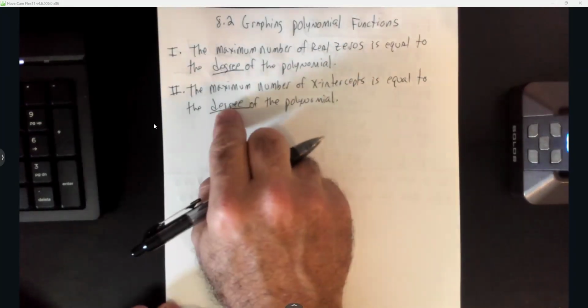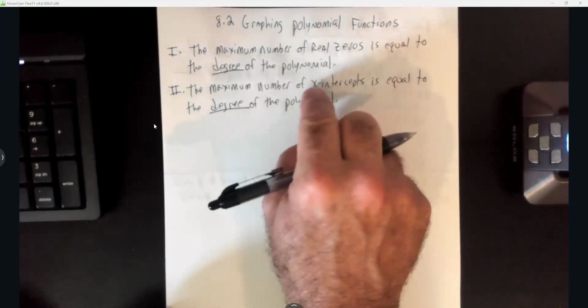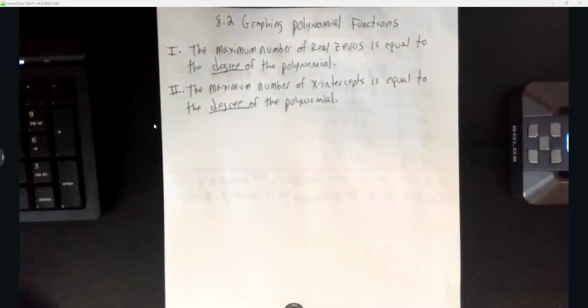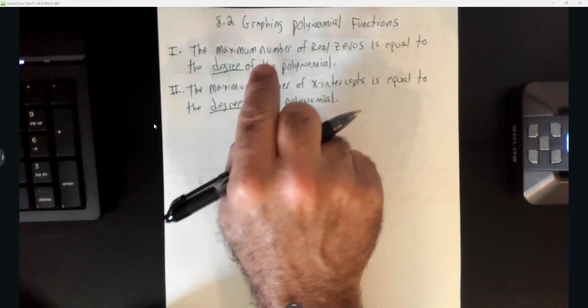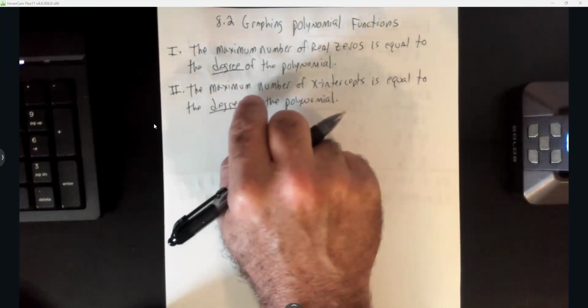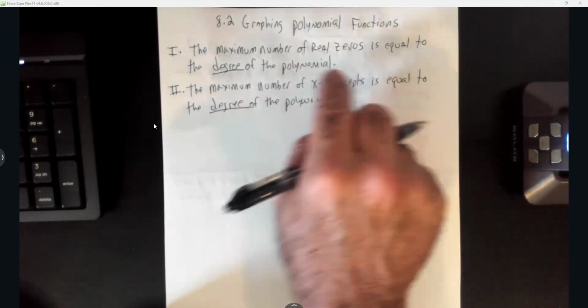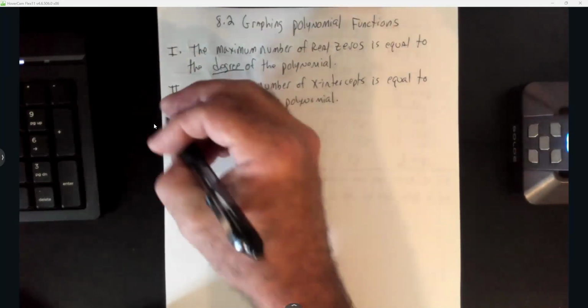So once again, it's equal to the degree. Because zeros and x-intercepts, remember, we done a graph where you had to find the x-intercepts and then the solutions or zeros, and they were the same basically. So these two will always be the same. The maximum number of real zeros, the maximum number of x-intercepts is equal to the degree.